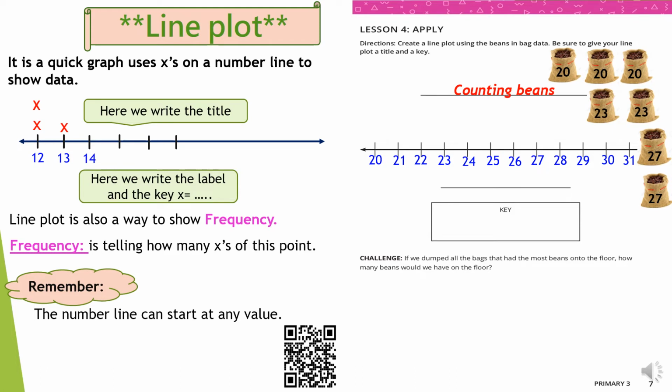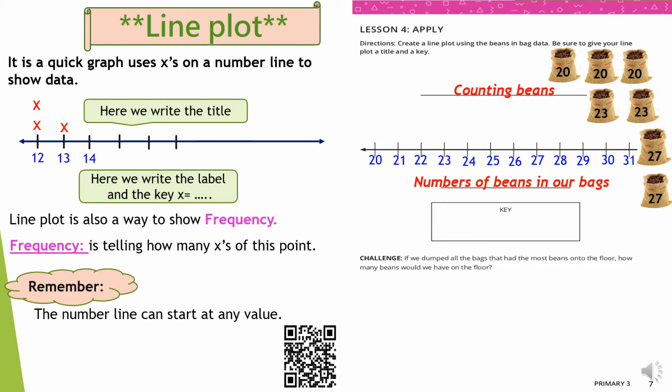Let's put the label. We said that it tells me what these numbers are referring to. The number of beans in our bag. 20, 21, 22, these are numbers of what? Of beans in our bag.